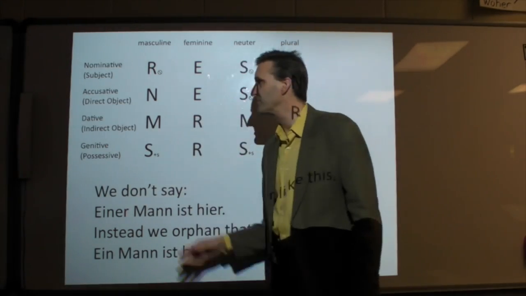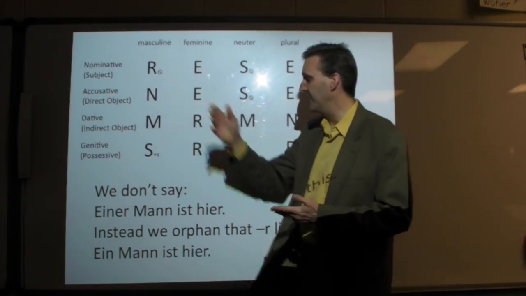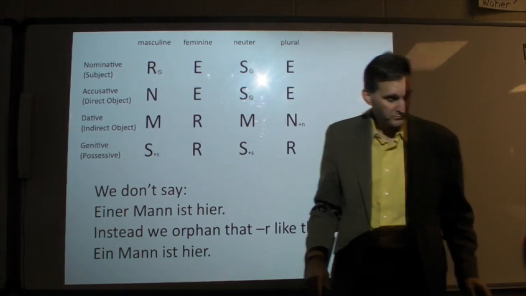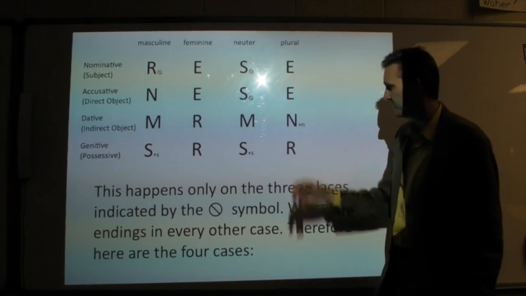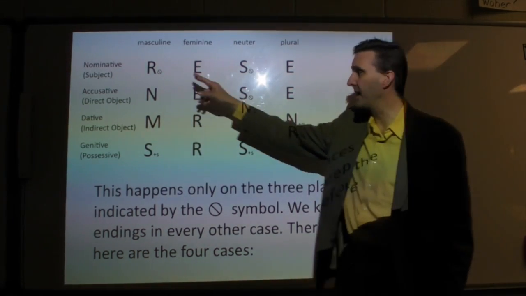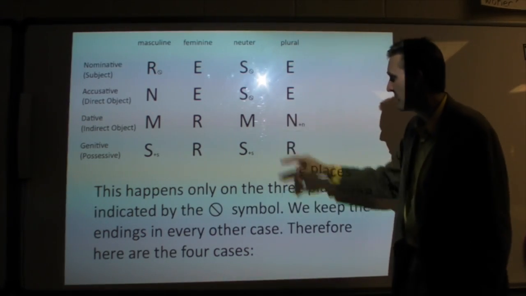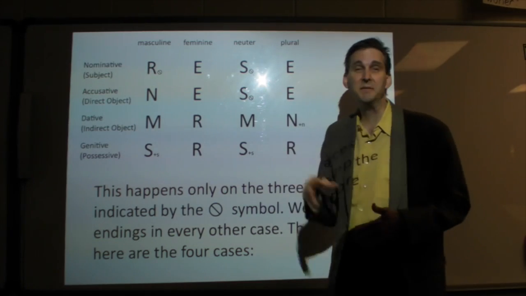Ein Mann is here. So that R got orphaned in that particular case. Okay? So, with ein words we orphan that R or these 2 S's. It only again happens here, here, and here. That's why we have those symbols there on the chart for you to remember.